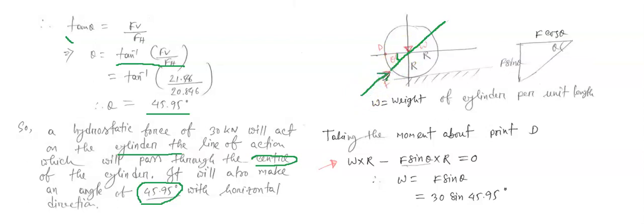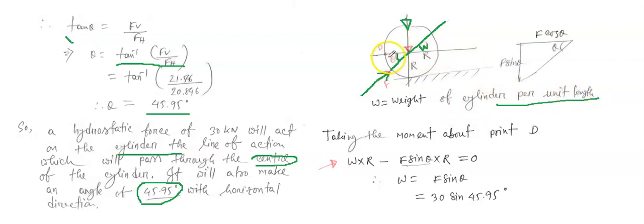This is the hydrostatic force, the resultant force. And we know this is the radius of this cylinder, and the weight is acting this way. You see this W here, this is the weight of the cylinder per unit length.